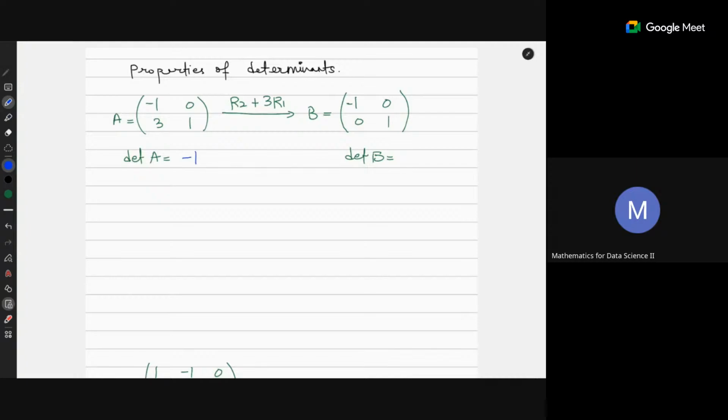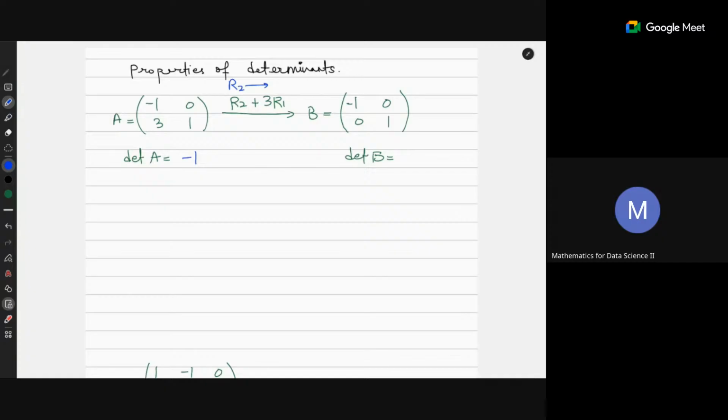And what is the determinant of B, which I have obtained after performing this row operation? What is the row operation that I performed? I have changed R2 to R2 plus 3R1. That means I've added 3 times R1 to R2. If you add 3 times R1 to R2, what do you get? The first entry will be 3 minus 3, which gives you 0.